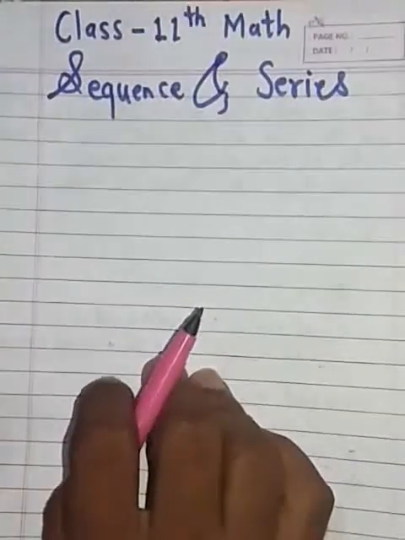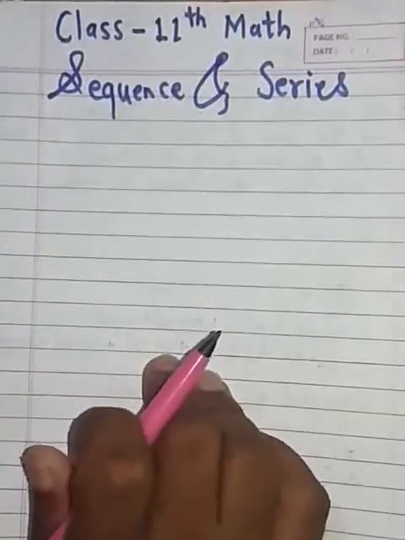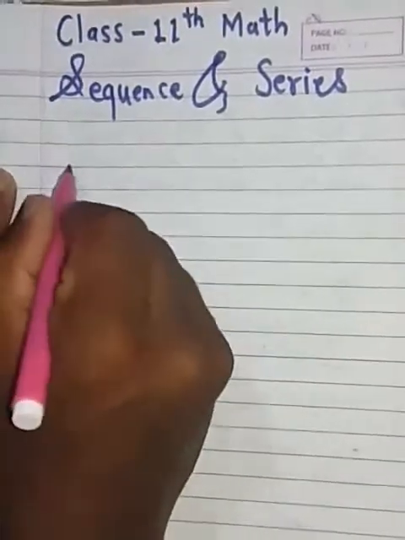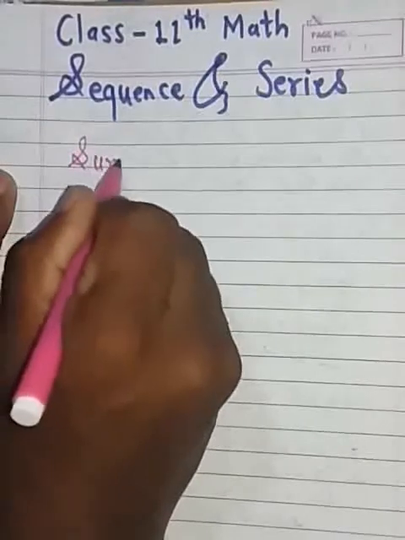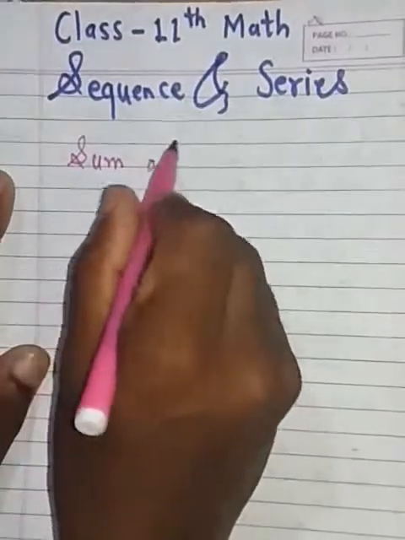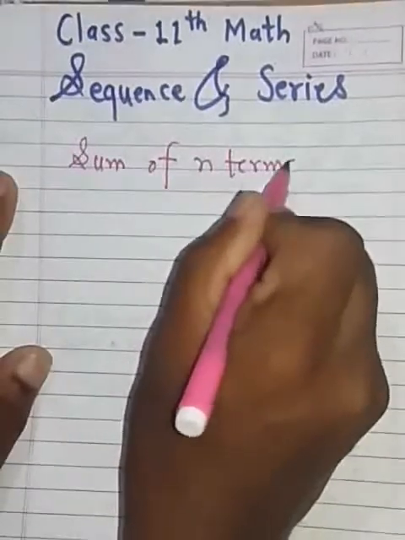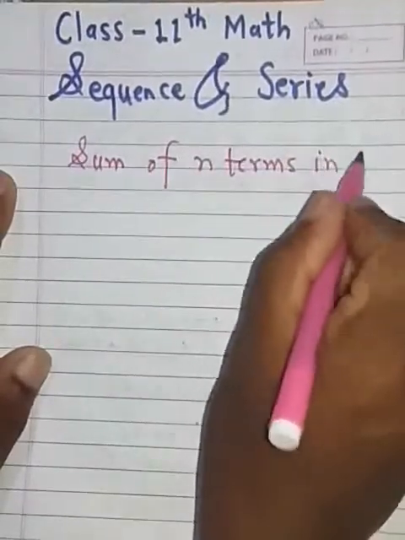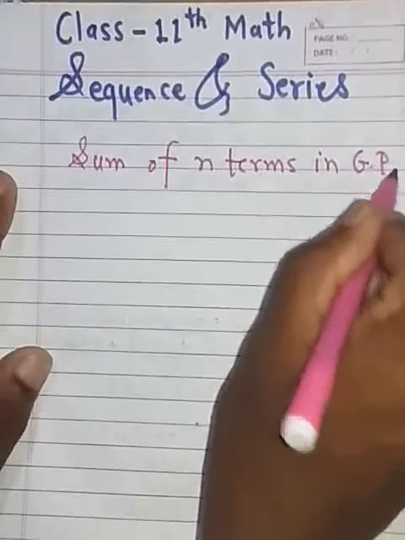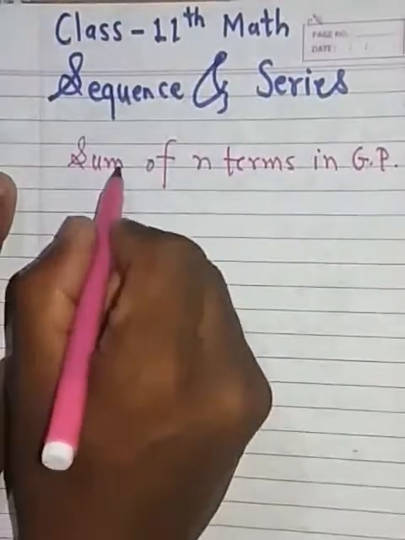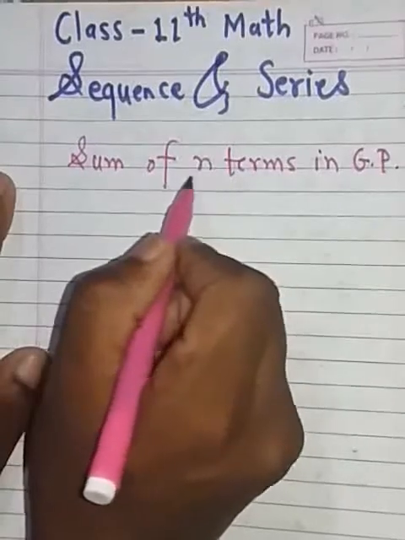We will see the formula of Sn, sum of n terms in GP. There are two formulas for the sum of n terms in GP.